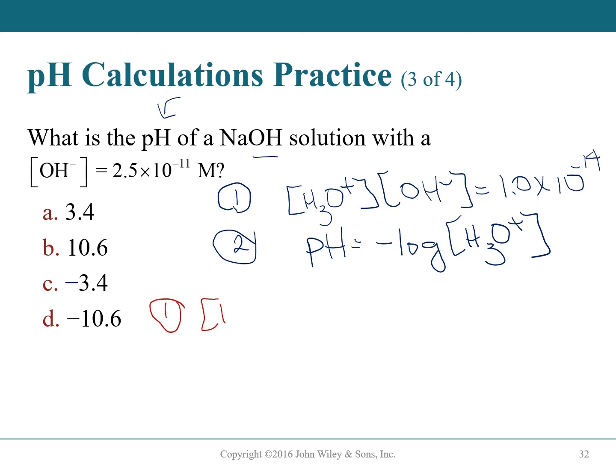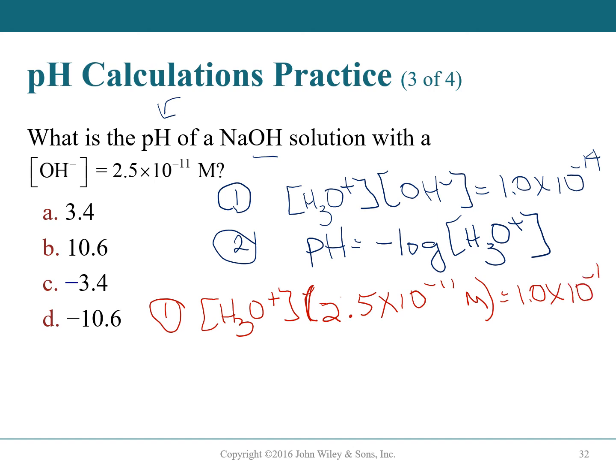So step 1. We're looking for the hydronium ion concentration. And that's going to be equal to hydronium ion times my hydroxide concentration, 2.5 times 10 to the negative 11 molar. And that's equal to 1 times 10 to the minus 14. So we'll divide both sides by my 2.5 times 10 to the minus 11.